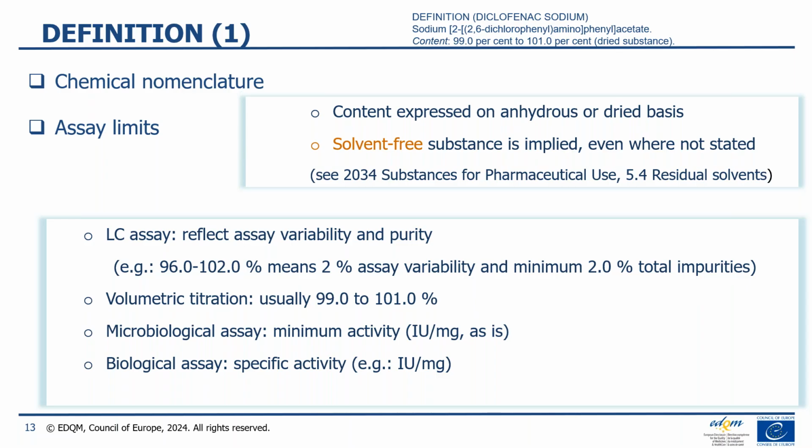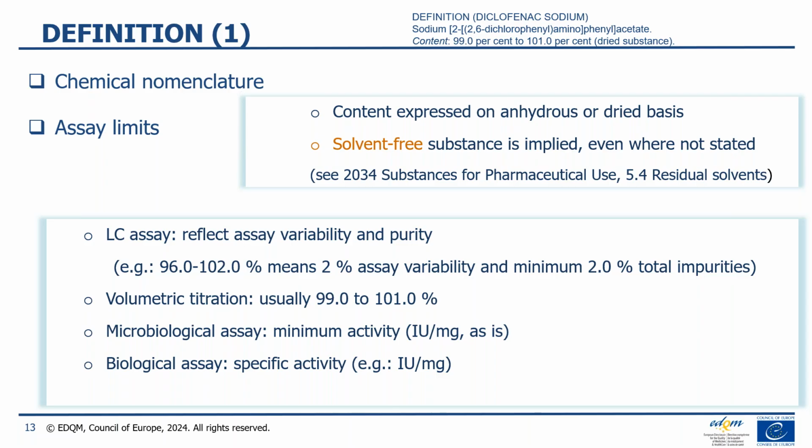For an HPLC assay, the limits would reflect the variability of the method and the purity of the substance. Thus, for a substance where a total of 2% of impurities is found, the lower limit can be decreased down to 96.0%.